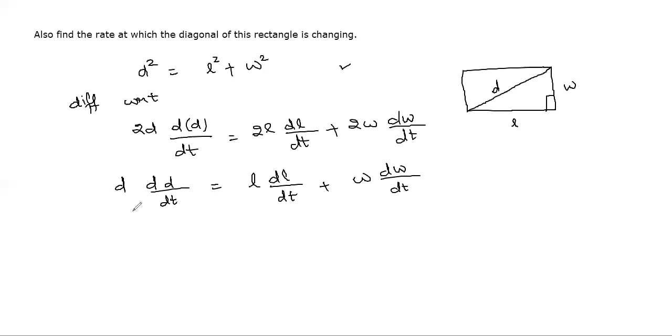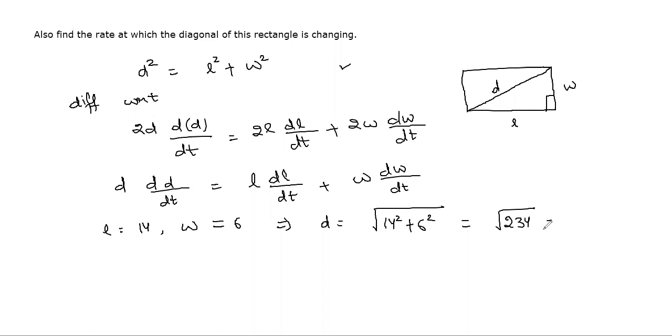So we also need to know the value of the diagonal when length is 14 and width is 6. It means that the diagonal is the square root of the sum of squares of 14 and 6, which is going to be square root of 232, and it may further simplify to 2 root 58 centimeter.